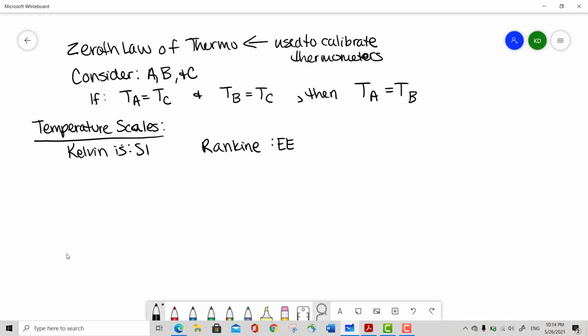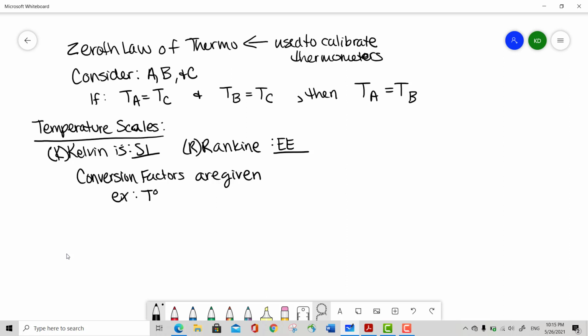Our two major unit systems that we use are SI and EE. This is K. Rankine is R. And they have conversion factors. Factors are given. And when I mean conversion factors, I mean like temperature in degrees Rankine equals 1.8 Kelvin. Okay, so that's what I mean.